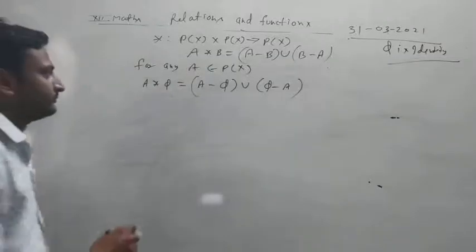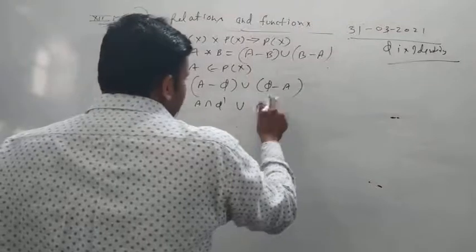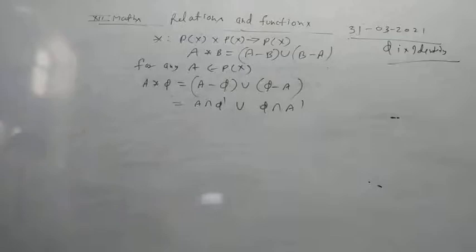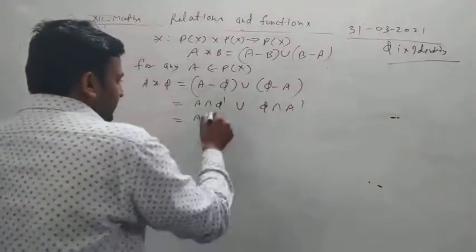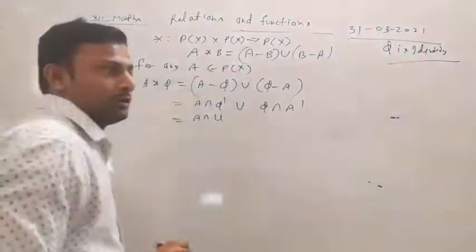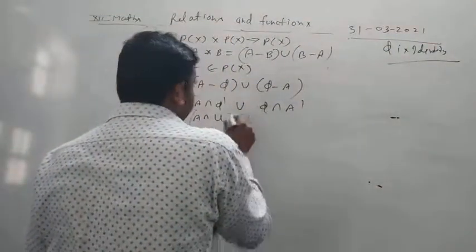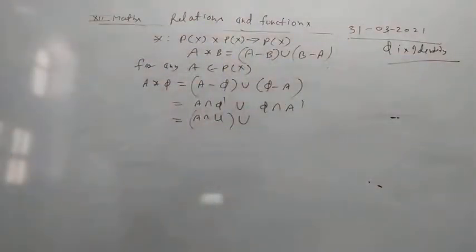Now this we can write as A intersection phi dash union phi intersection A dash. You know this A intersection phi dash can be written as U, because U minus phi we will write, so we get U. Now union, here phi minus A, which is phi intersection A dash.